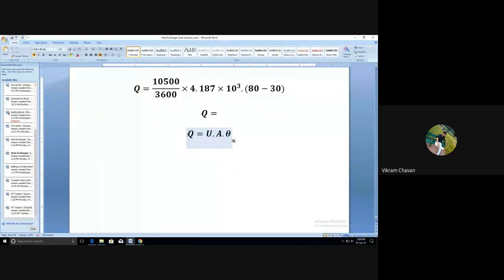And we can calculate the area directly. So in case of a counter flow heat exchanger, that area we will get. So please let me know the value of Q, everyone.